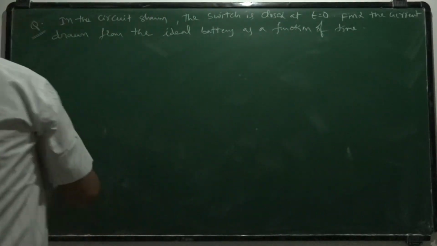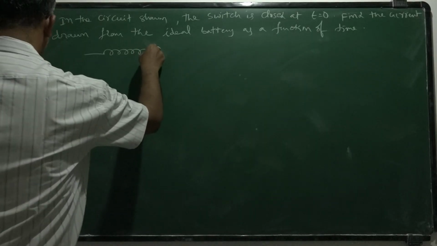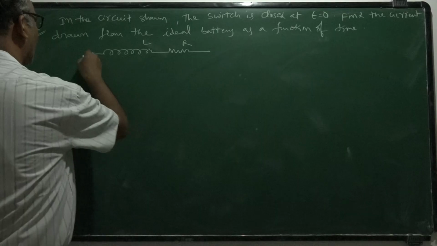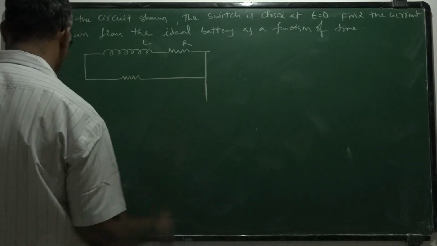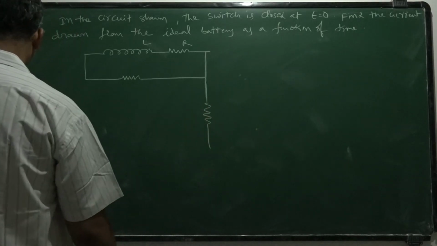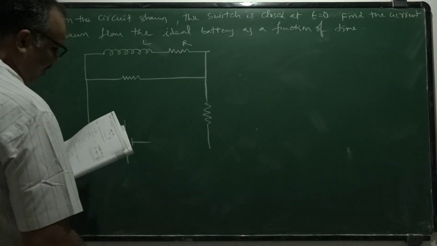The circuit is like this. Here is an inductor attached with a resistor and one more resistor which is in parallel combination. One more resistor is here. Here is the battery attached with the key.